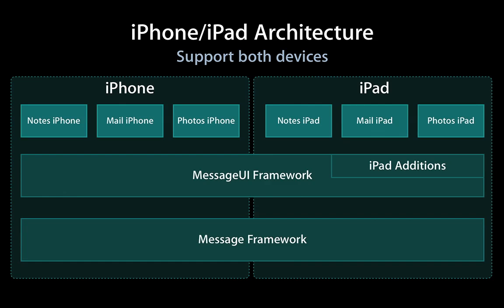Mail protocols don't change. We still need mail messages and message bodies and things like that. Stepping up to the second level, yeah, there needed to be some iPad additions. We had a couple of new user interface elements, a couple of different kinds of interactions. So we did need to make some additions there for the iPad. But most of it stayed the same.